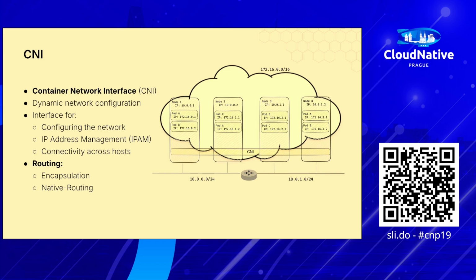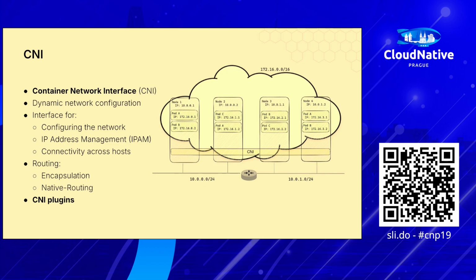So your CNI can configure this overlay network for you, and then configure the routing based on that. The other option is native routing, which means you don't use tunneling protocols, you don't do overlay, but you rather allow routing directly in between the pods.